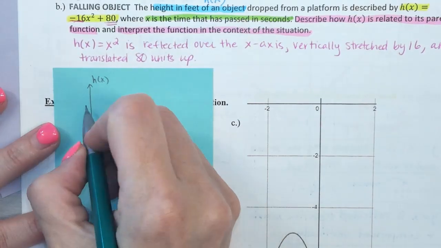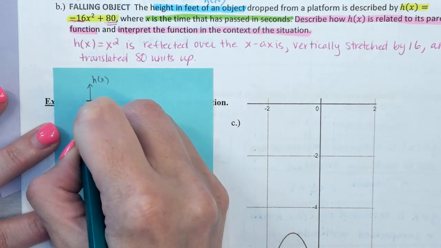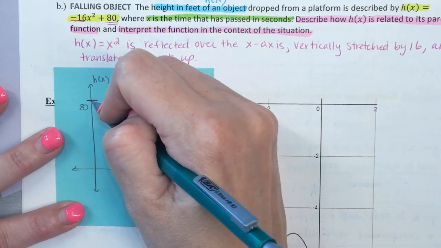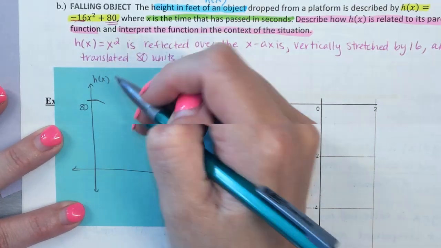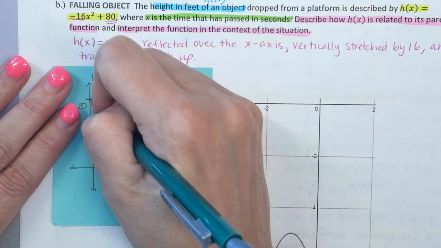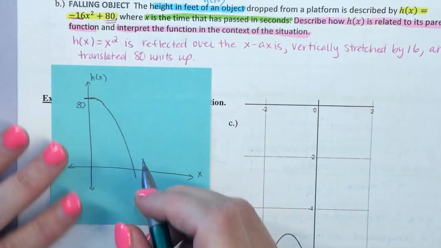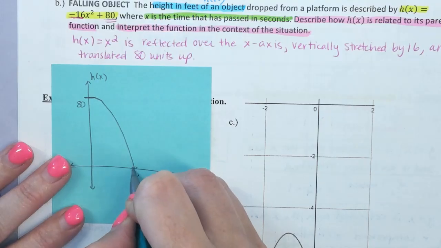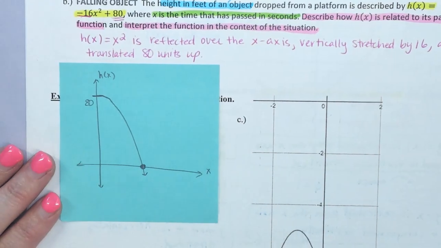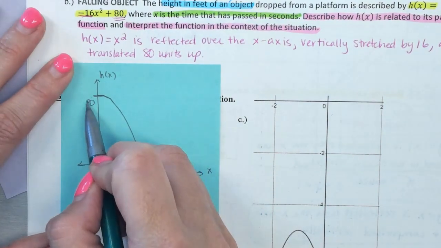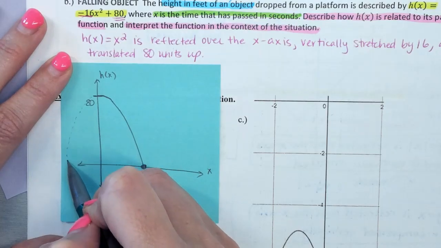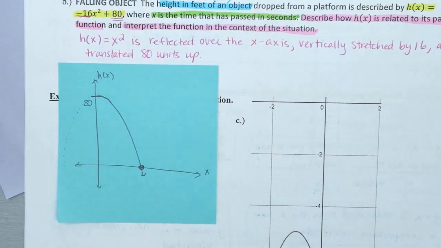The height that it's being dropped from is 80 feet. So if this is the platform, you can just think of, oh, this object is being dropped, and it goes like this until it hits the ground. This part isn't going to be there. This is your ground level. Okay, it forms a parabola. It's just that this part here doesn't matter in context of the situation.